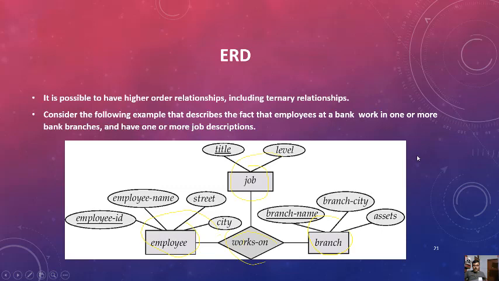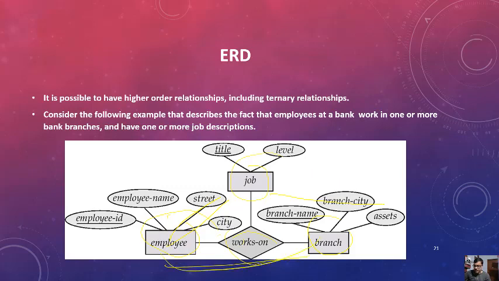This type of relationship is called a ternary relationship. Sometimes you have a choice of a single ternary relationship or two binary relationships. That means sometimes you may change this ternary relationship into two binary relationships. This is one binary relationship and this is another. The fact is, every ternary relationship can be converted into a set of binary relationships.